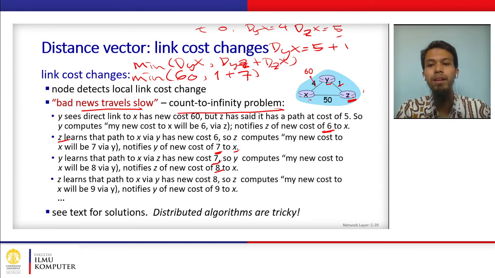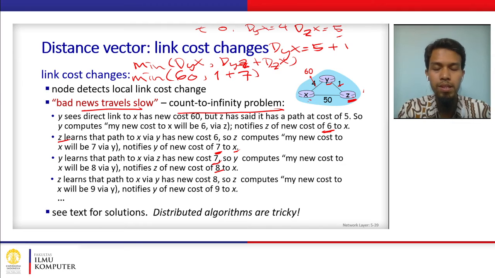Now since there is a new change in y's distance vector, it sends the notification to its neighbors, and eventually it is received by z. In the next iteration, z updates its distance vector from z to x. If it was 7, now since the new cost from y to x becomes 8, it updates it to 9.